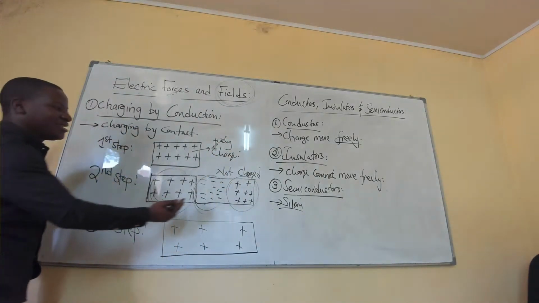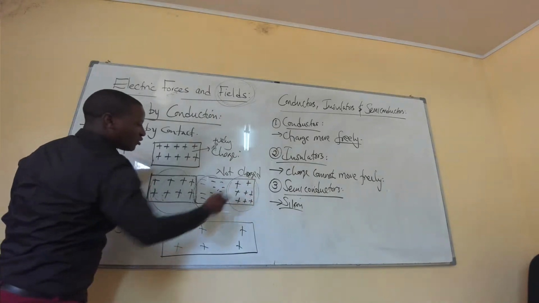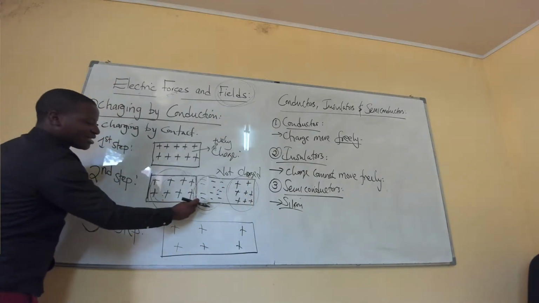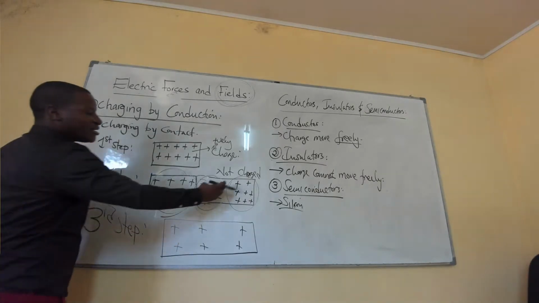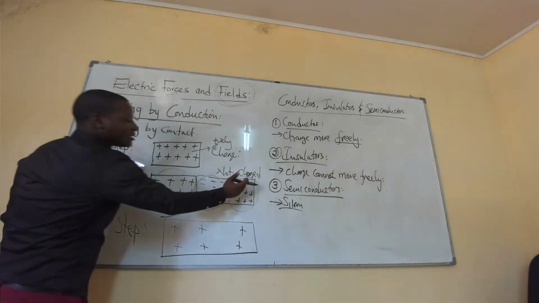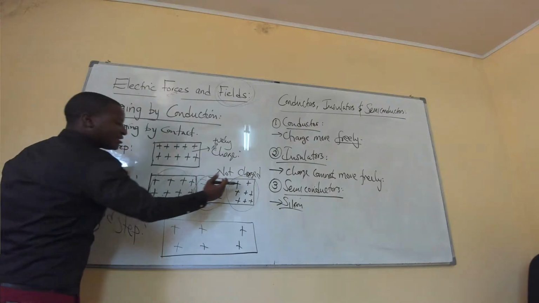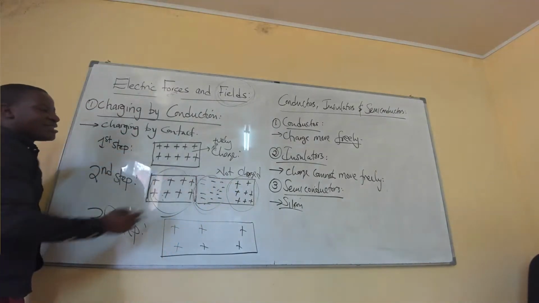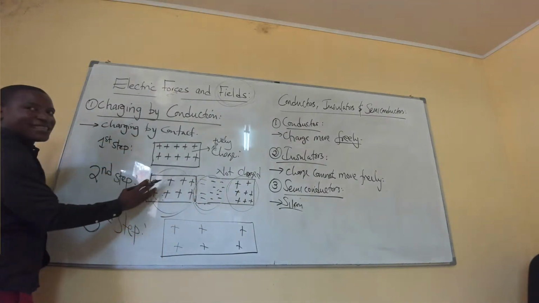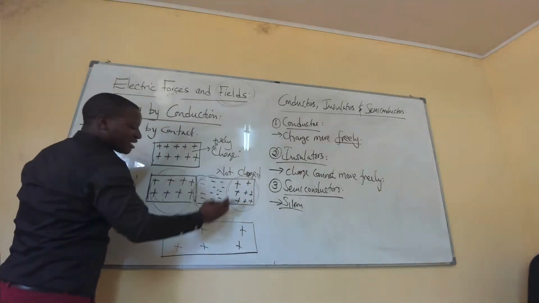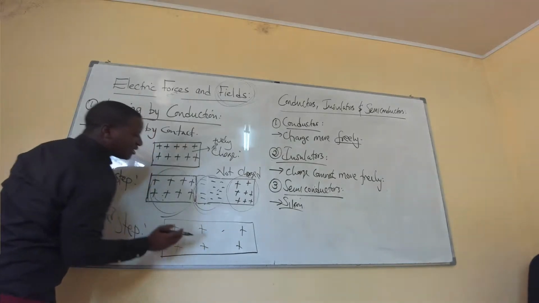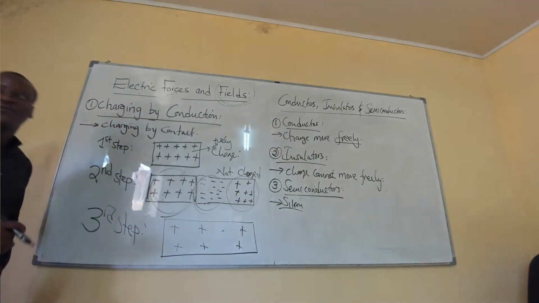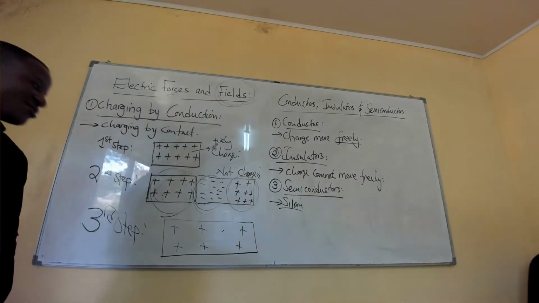Then you bring in a body which is neutral, and then you bring it closer to this, in contact with what you have. Then from there now, this will repel the like charges, and the like charges will come to this side. Then this will actually neutralize the other side. Then this positive charge will move all the way up to this side, but there will be fewer as compared to what you have initially. So that is what is important.